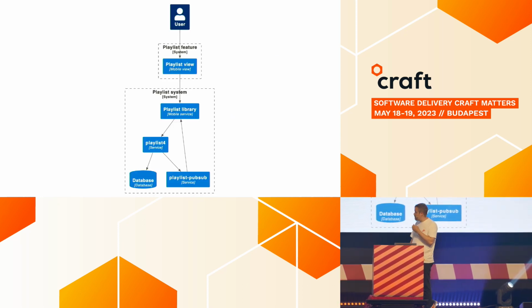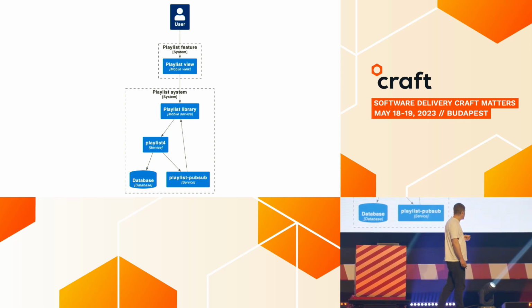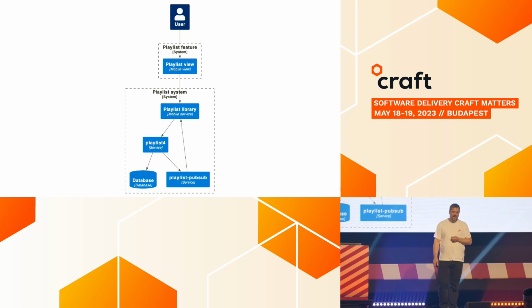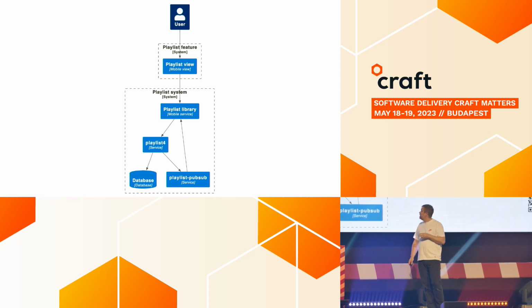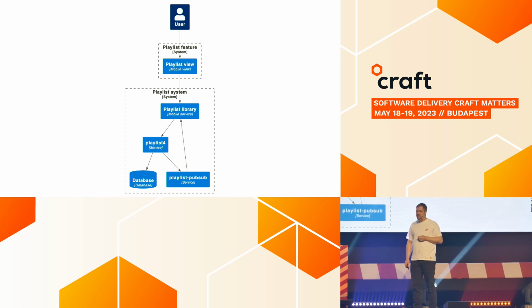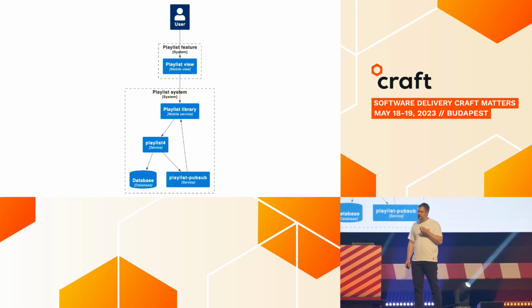So let's take a look at a practical example of this, and I mentioned the playlist system. This is a highly simplified illustration of the playlist system, and also from a few years ago, actually. But it shows you how we have this vertical stack. In this case, this is a few years into its existence, and it has become split into two different systems because we actually ended up splitting the team.